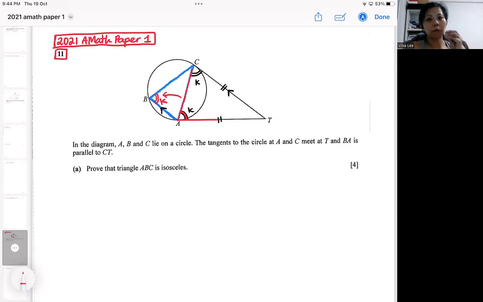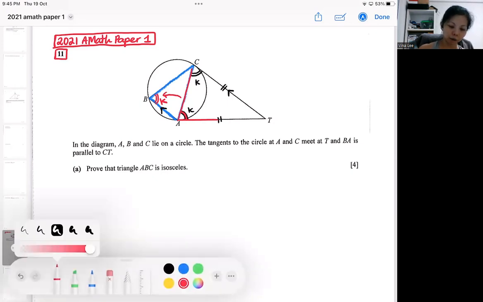So I started off with the tangent from an external point, and it gave me an isosceles triangle, so that two angles are supposed to be the same. And from there, I managed to see a tangent chord theorem, so I got k as one of the angles inside the triangle.